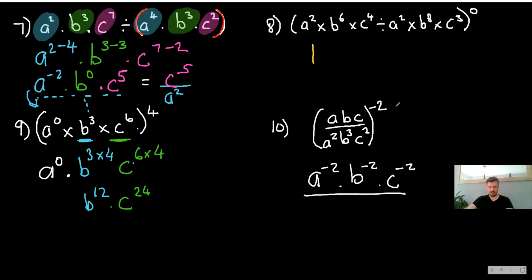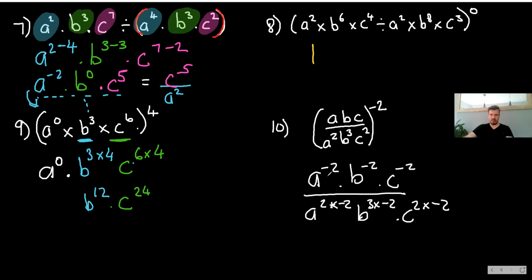Because everything in this gets the minus 2. A to the 2 times minus 2. B to the 3 times minus 2. C to the 2 times. I'm doing it the long way because then I'm going to show you the trick afterwards. So essentially what could happen is this A to the minus 2 could go to the bottom and become A to the plus 2. And B to the minus 2 would go to the bottom and become B to the plus 2. That's super complicated.